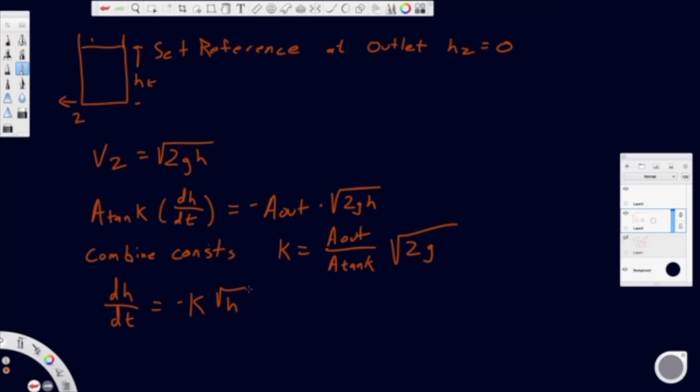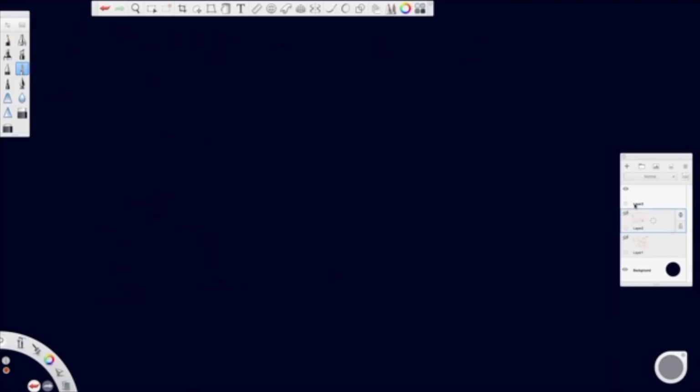And once we have it like this, let's go ahead, I'm going to switch over to one more, because now we're going to go into separation of variables. Okay, so we have another video on doing differential equations.